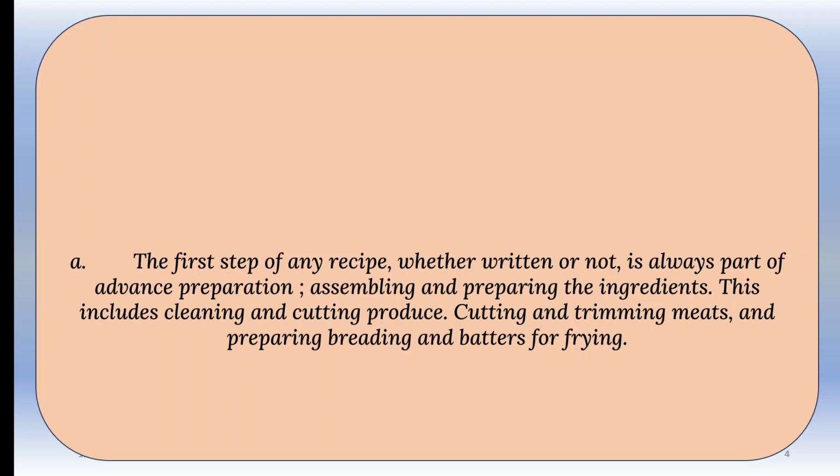If that is the task to be done, you have to do it sequentially. So assembling and preparing the ingredients starts from the cleaning of the ingredients, then cutting them as per the requirement of the recipe, and then fabricating the meat as well and preparing it for breading.